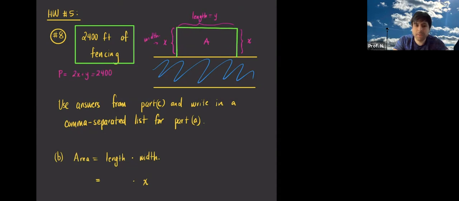That's pretty important because from there, what can I figure out? If I subtract 2x on both sides, I get 2,400 minus 2x, that is y. Y, the length, can be written as 2,400 minus twice the width, which is x.